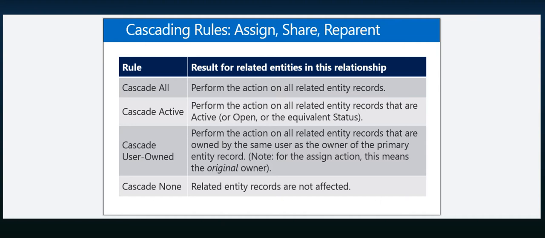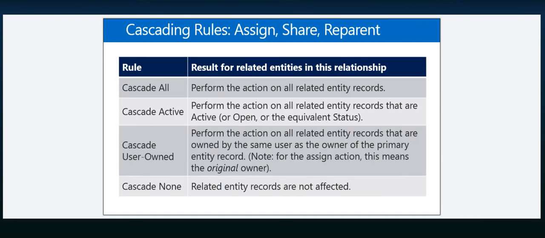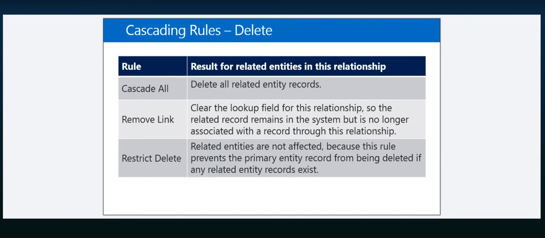On the other hand, Cascade None makes no changes to the records when any of these actions happen. And that was specific to assign, share, and reparent.